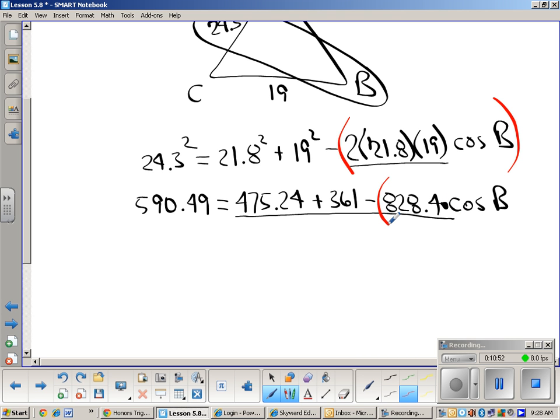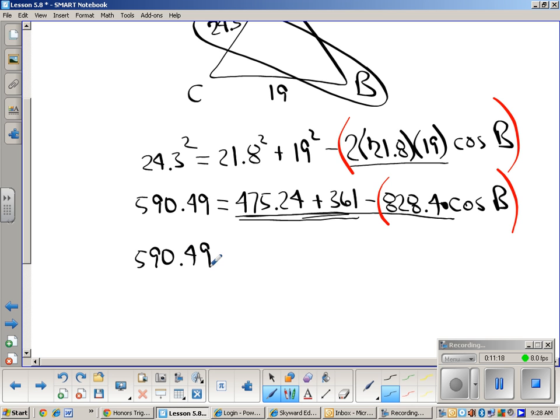So that means we really are supposed to be doing that first. But we can't because we don't know what cosine of B is. Don't you just get it by itself? That's the idea. We want to get it by itself. So let's go ahead and add these two together.